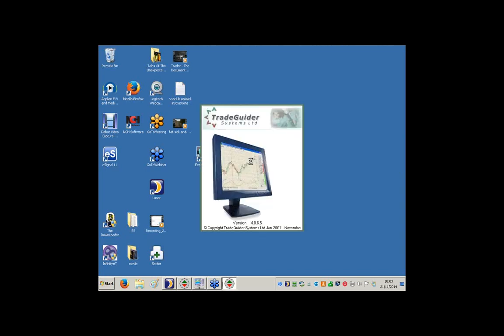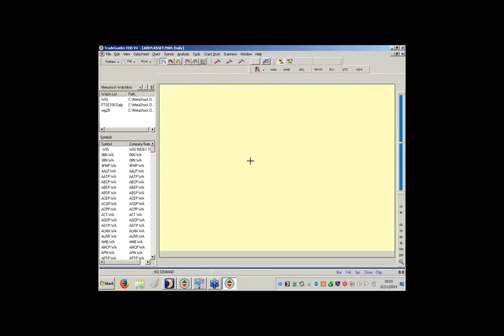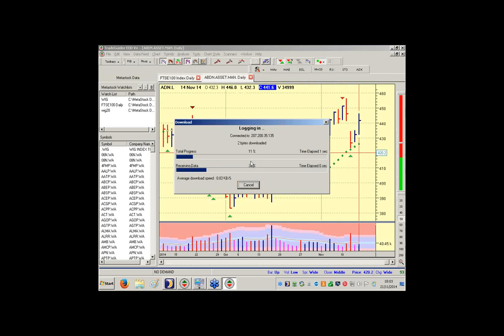I'll wait for a few seconds for it to update. This end of day version is extremely good, I must admit. Gavin likes trading oil. He's an oil man.